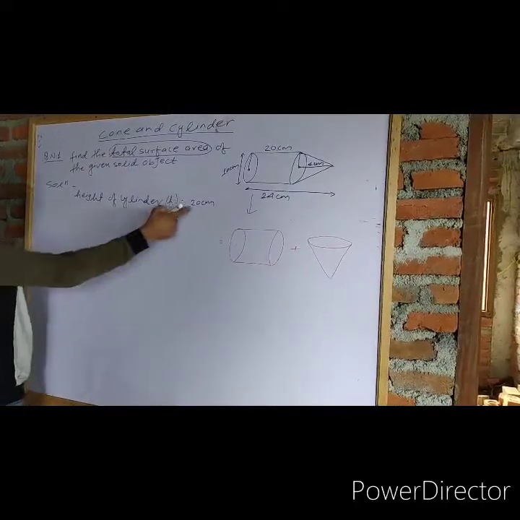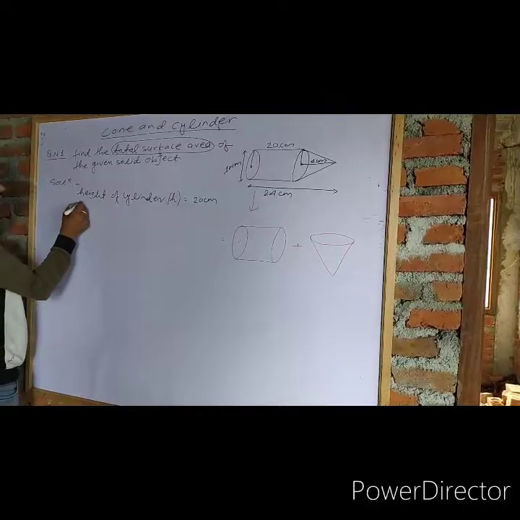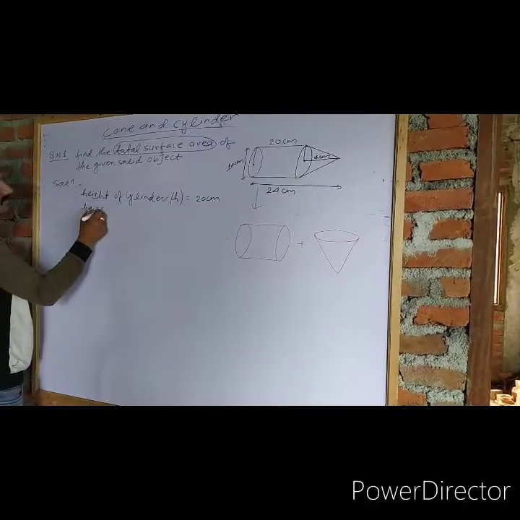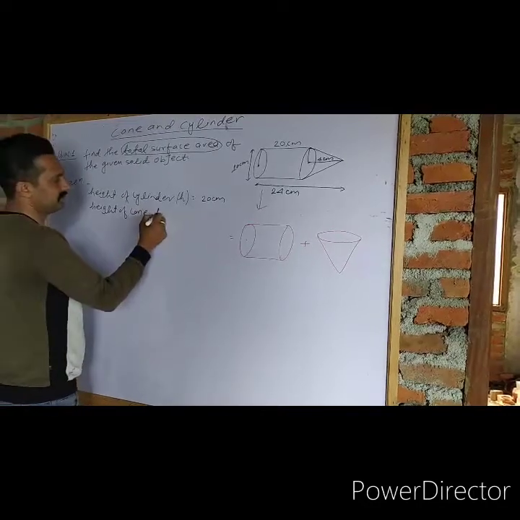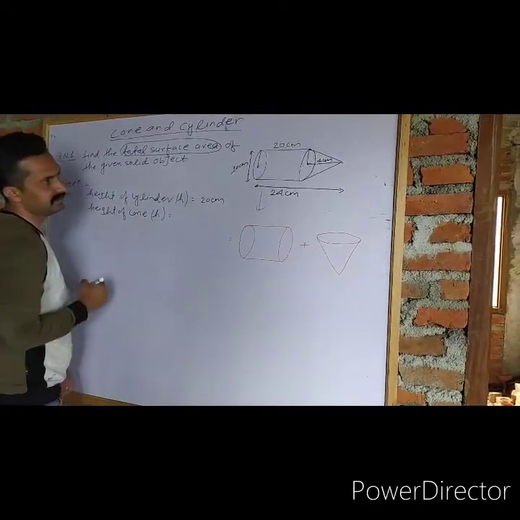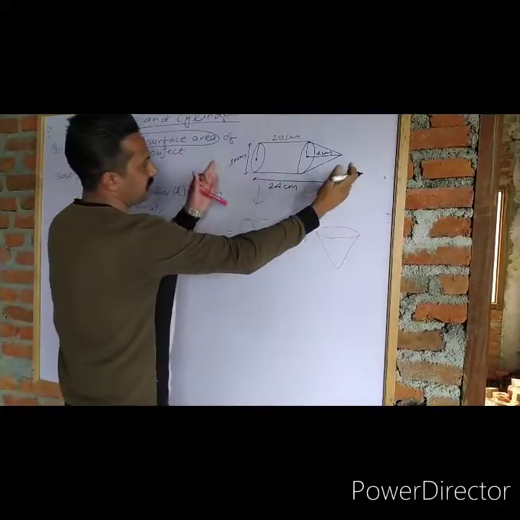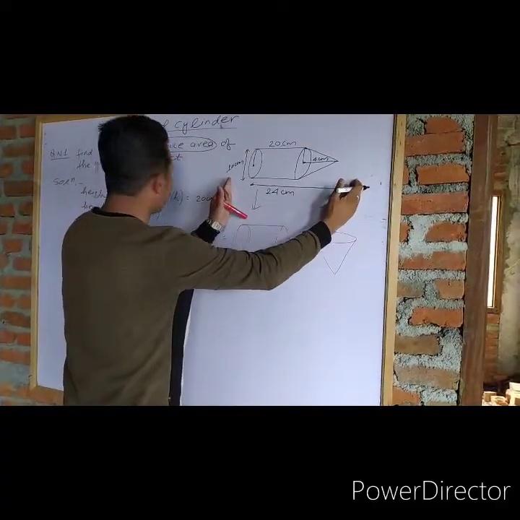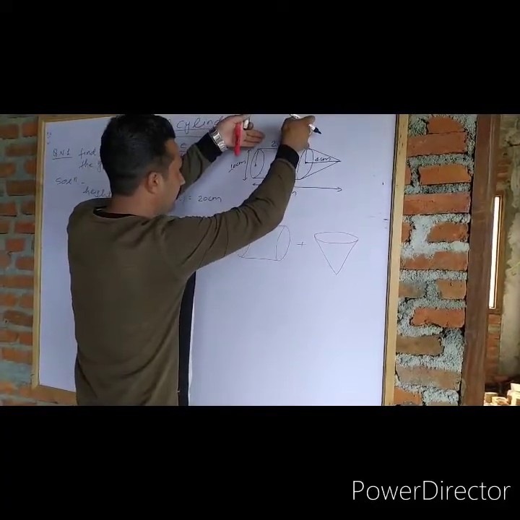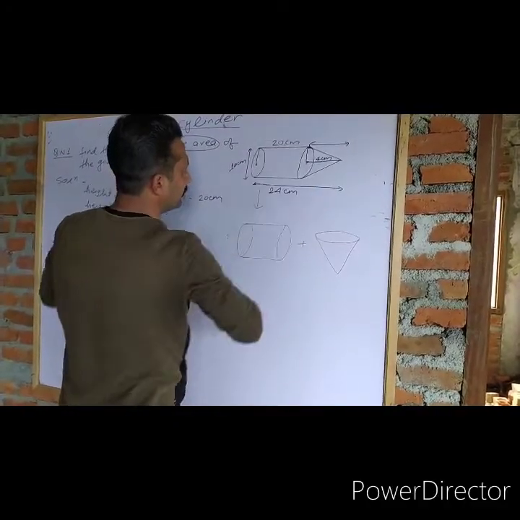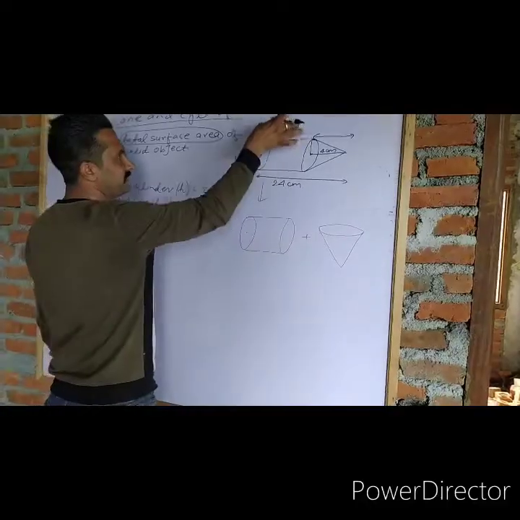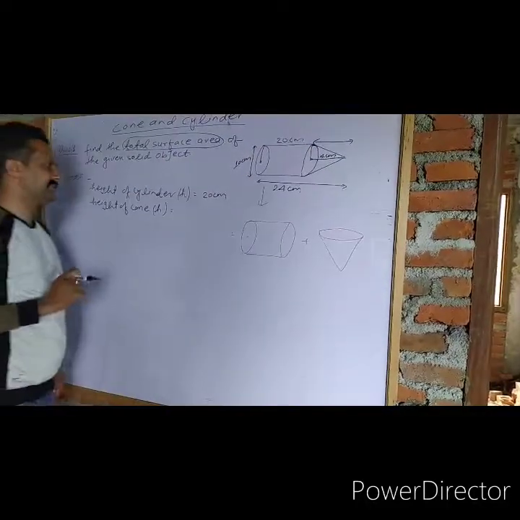Height of cone is equal to total height of solid minus height of cylinder, then we will get the height of cone, means 24 minus 20 is 4 centimeter.